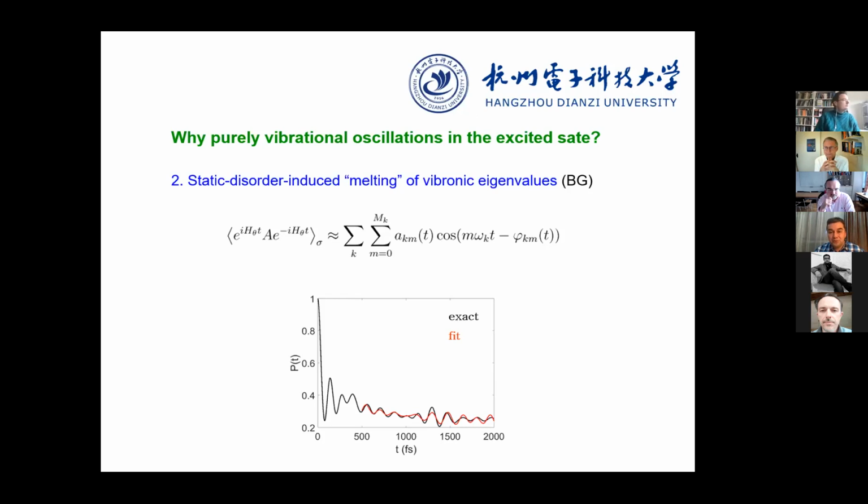And for each mutant, of course, you get vibronic dynamics in the excited state. But when you take all of them and average, when you do this ensemble averaging over static disorder, only in this case do these vibronic beatings melt effectively into vibrational beatings after a certain characteristic time.